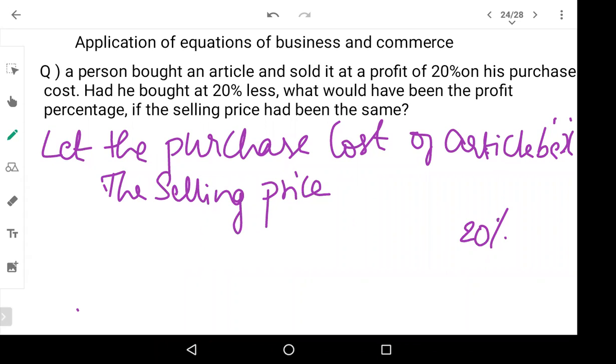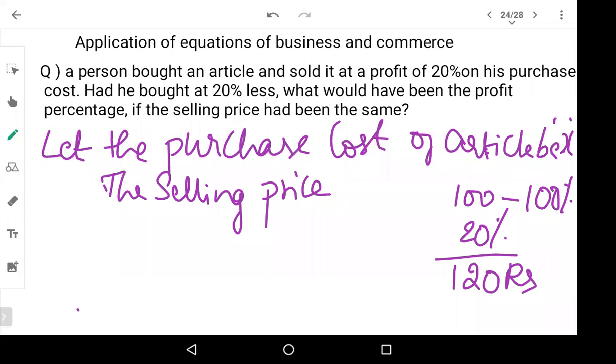Correct? So 20% means if the product cost is 100, 20% on that I will get 120 rupees. Correct? So let's take this product as 100% of the cost I am paying. If the product price is 72, then I am paying full 72 rupees, which is 100% of the cost price of the article. Okay, now for the 72 whatever I've bought, I am adding 20% more profit.